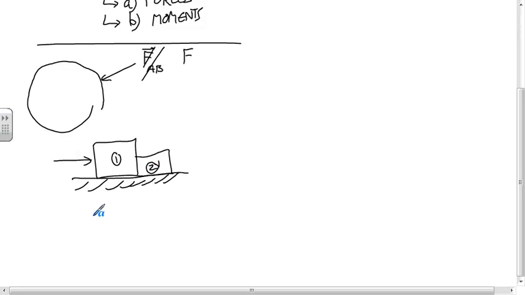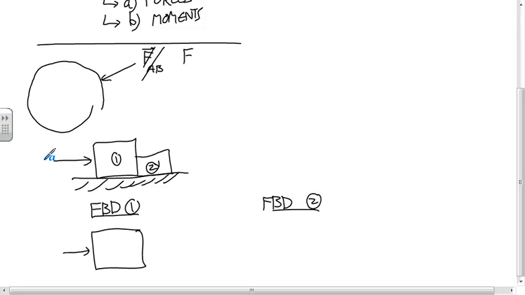And draw free body diagrams of both of these. So member one has this force, whatever it is, call it F, and then some stuff going horizontal that we don't care about. And then over here, we know the direction of this force. So let's say it's like this, okay?